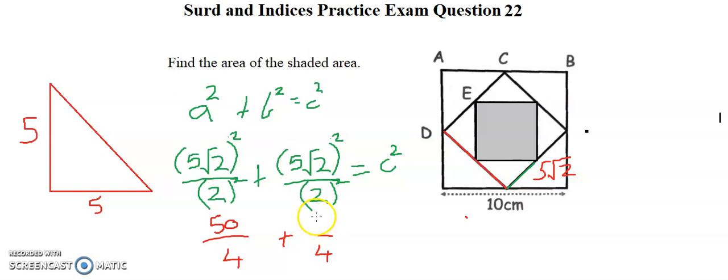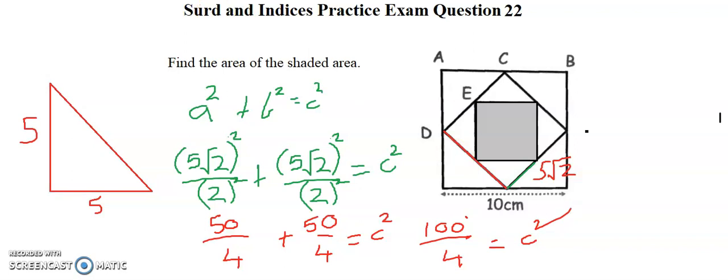So in actual fact, now I've got 50 divided by 4 plus 50 divided by 4 is equal to c squared. 50 plus 50 is 100. So I've got now 100 over 4 is equal to c squared. 100 divided by 4 is 25.